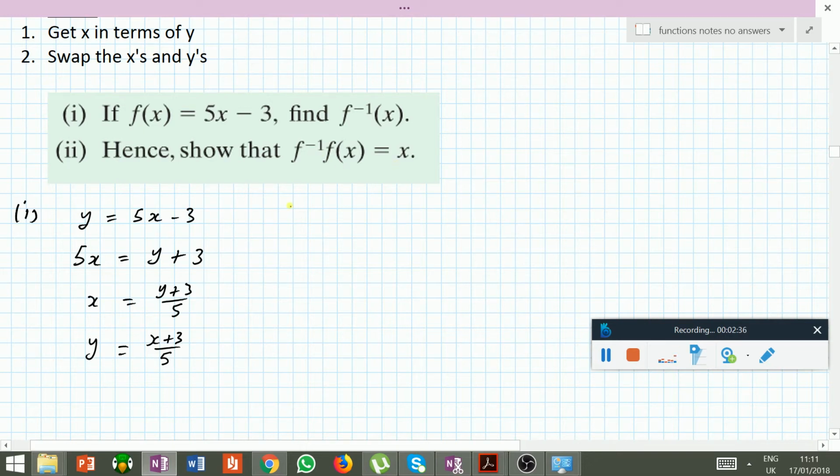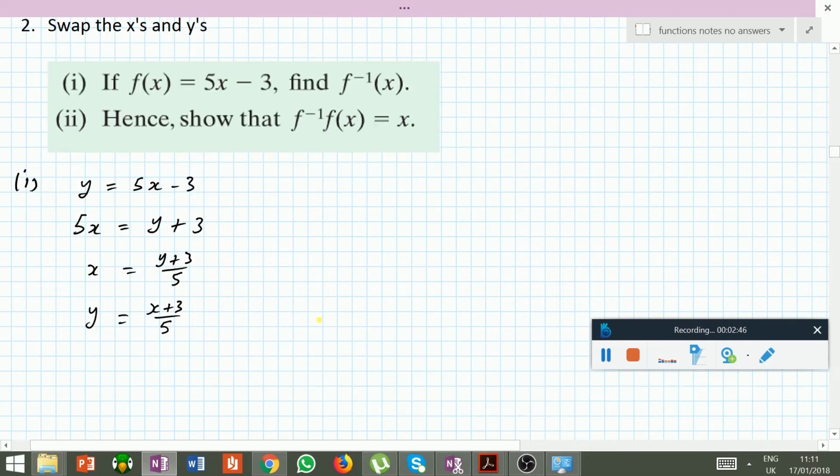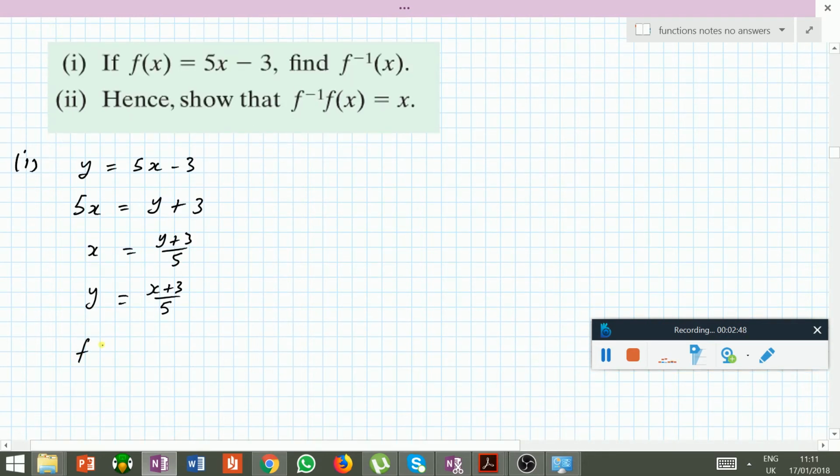Okay, so what we'll do now is show that f inverse of f of x is equal to x. We know that f of x is equal to 5x minus 3, and then if we apply the inverse function on that, you go to your inverse function, and everywhere you see an x, you put 5x minus 3.